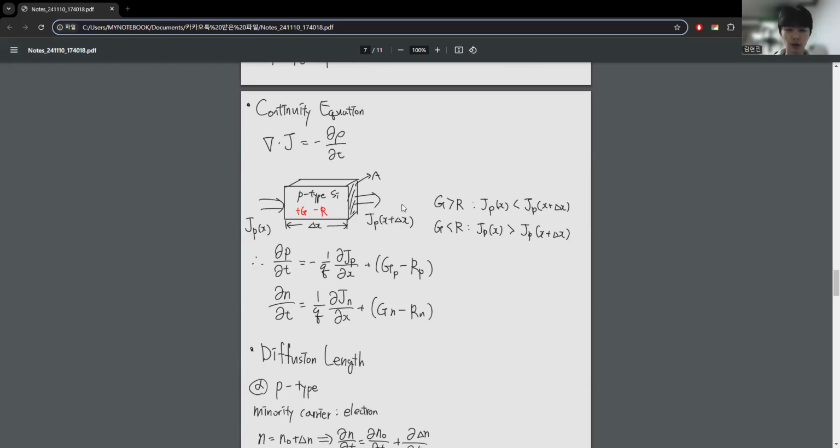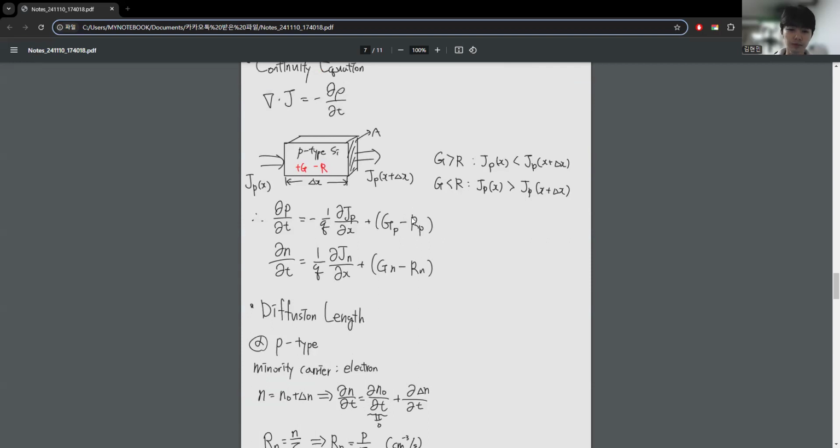So if generation is over recombination, Jp at x is lower than Jp at x plus delta x. And if generation is lower than recombination, it is the reverse.